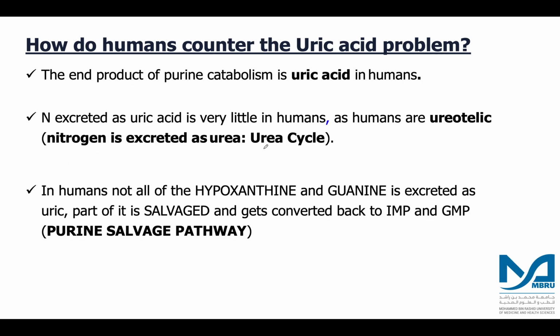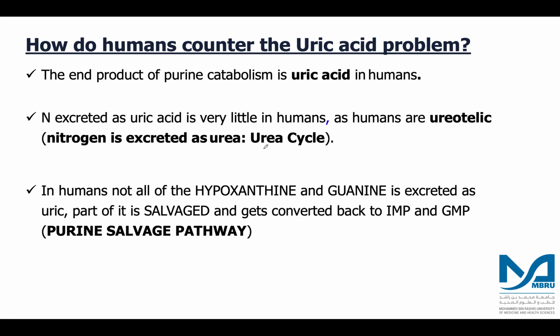So, what are the adaptations in humans that facilitate the elimination of uric acid, or that more precisely counter the uric acid problem? Now, so far, what you can see is the end product of purine catabolism is uric acid.